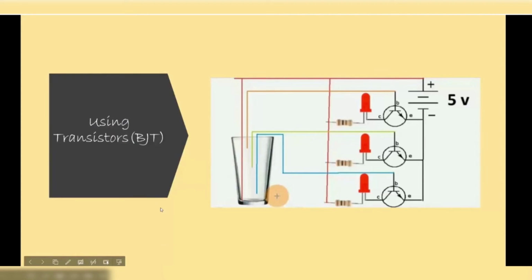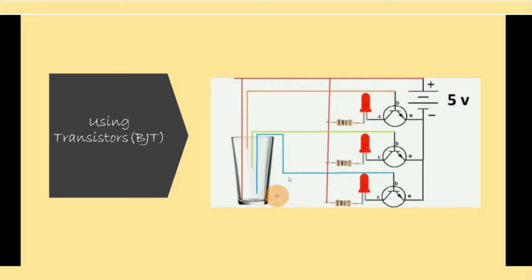You could see in the given circuit, it doesn't require any sensors or microcontroller for its working. There's a red wire which is connected to the positive terminal of the 5-volt battery power supply, and it touches the bottom of the glass. There are 3 other wires which are connected to the base of the BJT, and the free end of each wire is suspended at a different height in the glass.